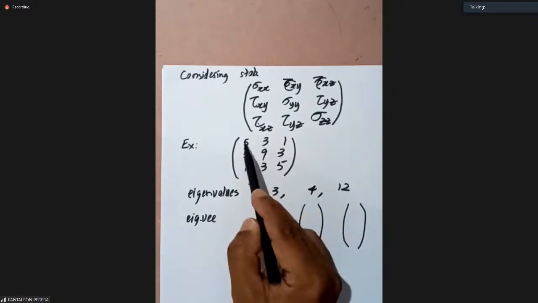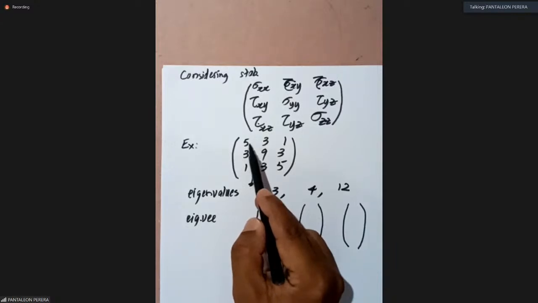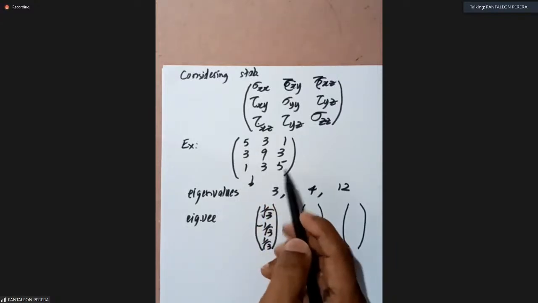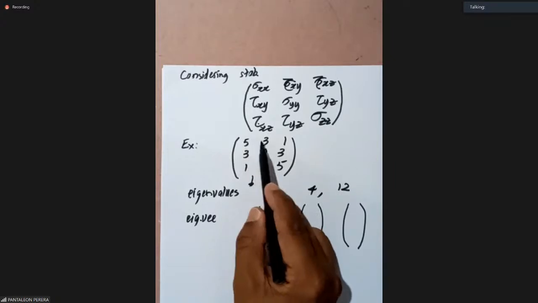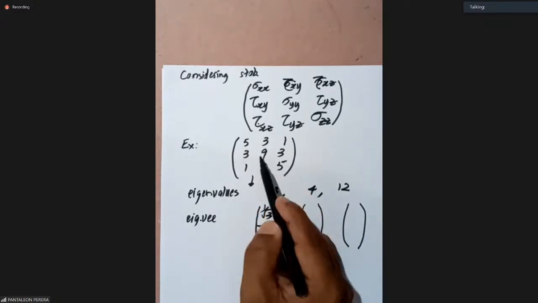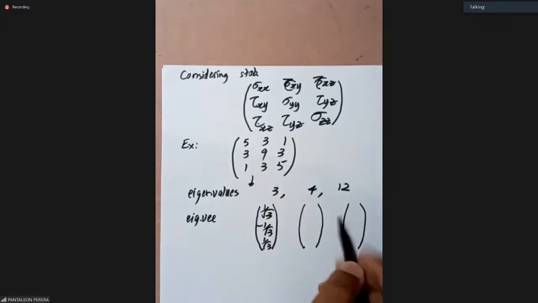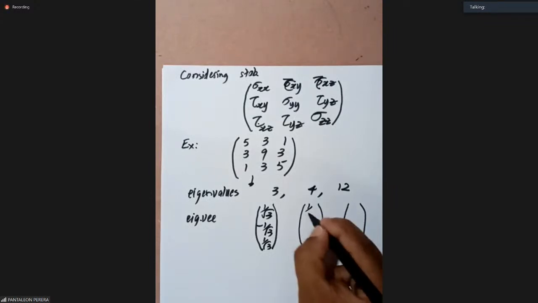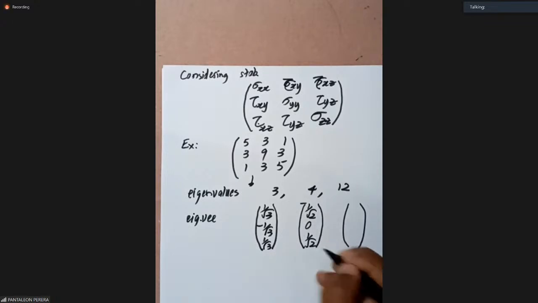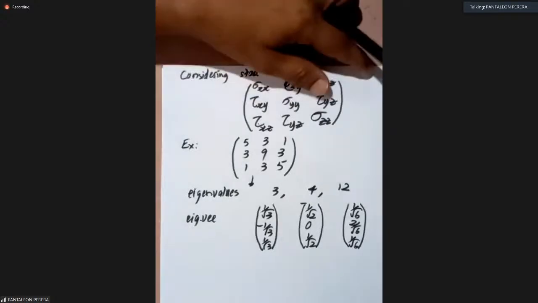Hold on, I have to calculate the eigenvalues, eigenvectors. Okay, 5, 3. Right. These are the eigenvectors.